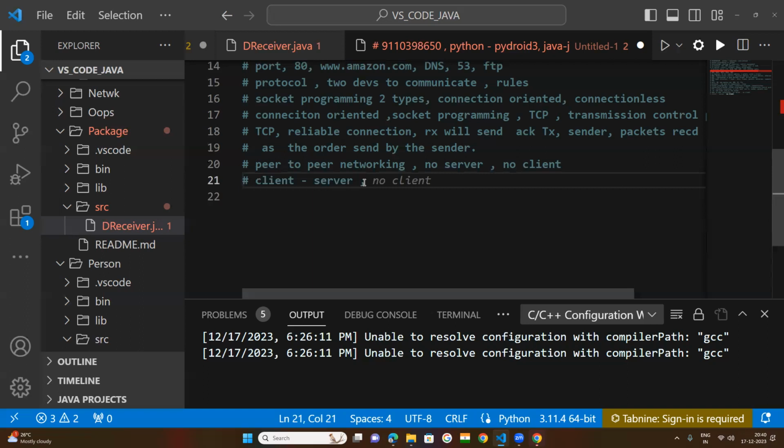What do you mean by a fixed role? The server is always available, but the client opens his system only whenever he needs it, otherwise it is shut down. But servers like Amazon.com, Flipkart.com, Google.com are available 24/7.